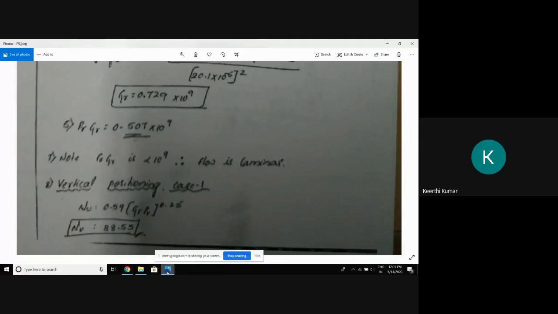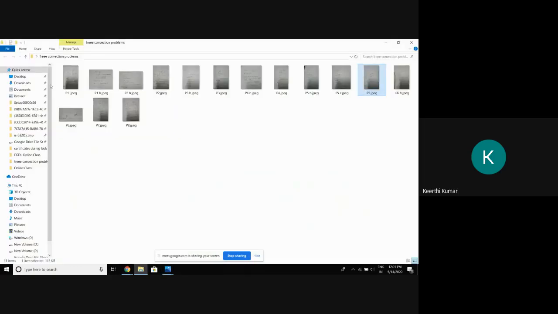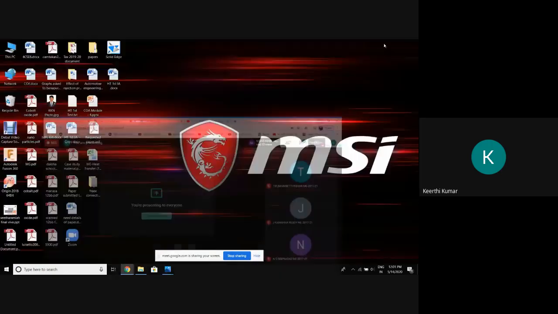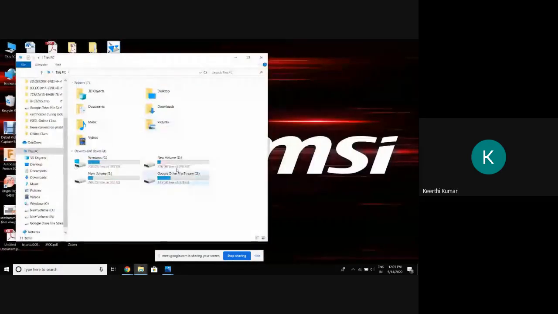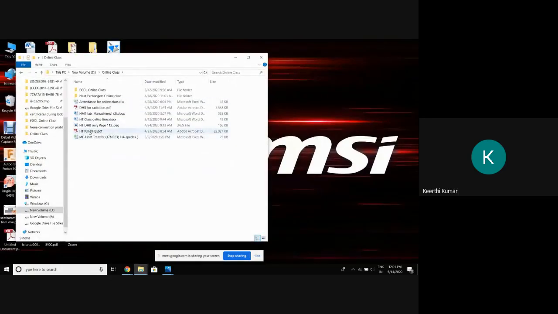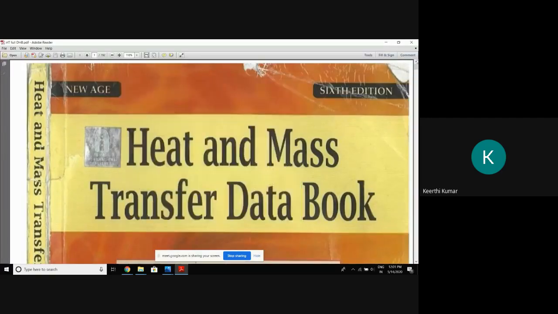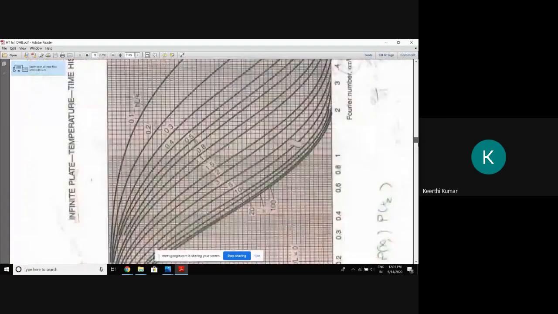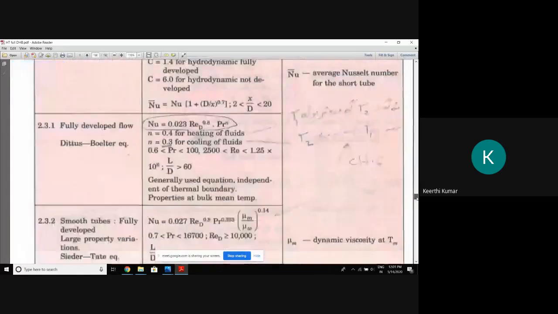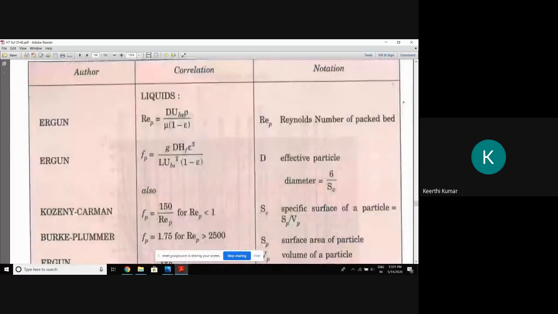So I'll open the data handbook now. Please refer to it to find the Nu value you're supposed to take, for natural convection.